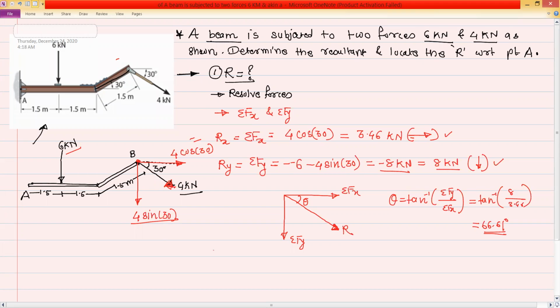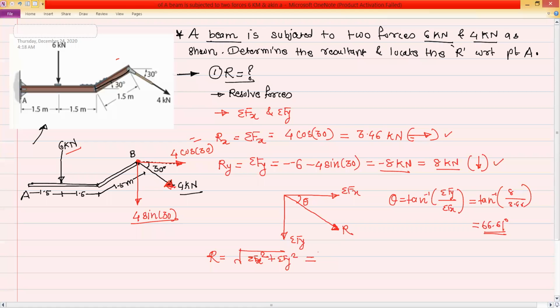So your resultant R is equal to the square root of summation Fx square plus summation Fy square. So this is equal to 3.46 square plus 8 square.